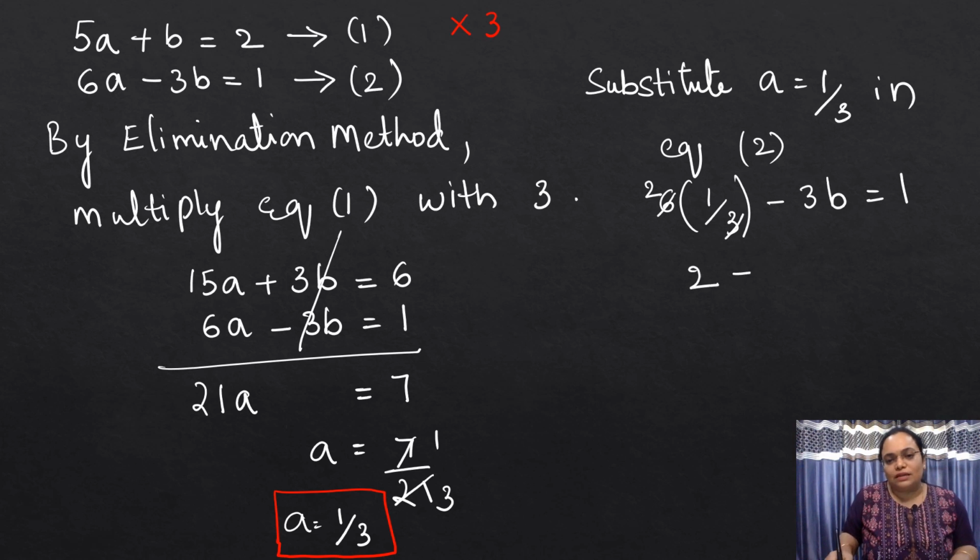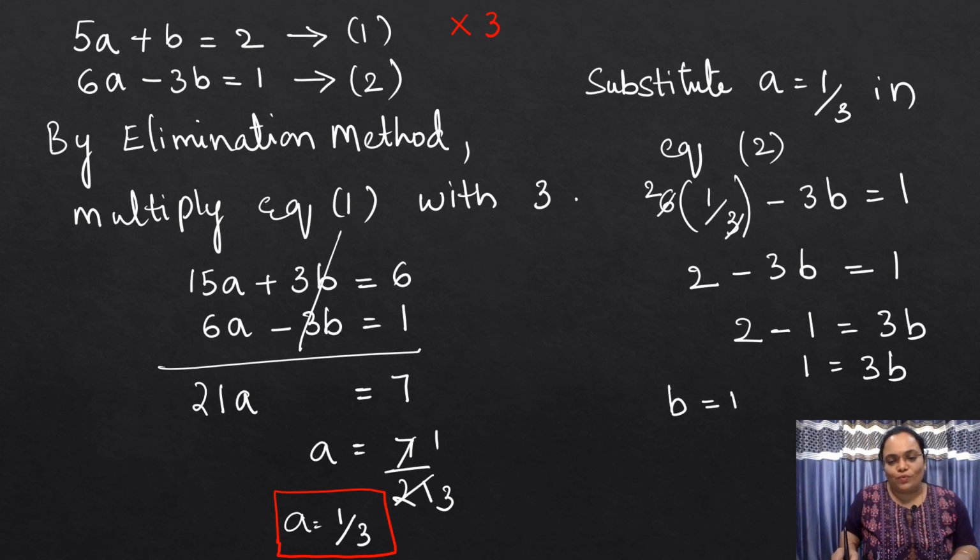So 2 minus 3b is equals to 1. So 2 minus 1 is equals to 3b. 1 is equals to 3b. b is equals to 1 by 3. So you got the value for b, which is 1 by 3. a is equals to 1 by 3. b is equals to 1 by 3.